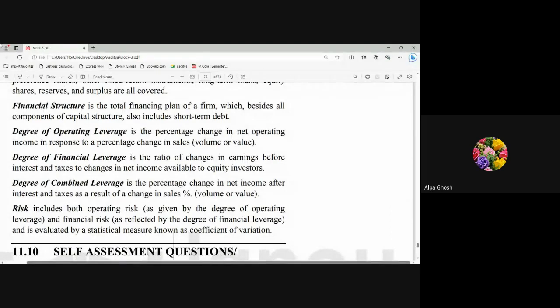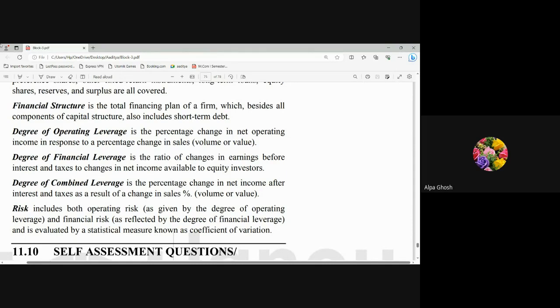Degrees of operating leverage, financial leverage, and combined leverage mean what difference it is going to make if we compare it with one unit. Degree means if we compare it with one unit, what difference it is going to make.